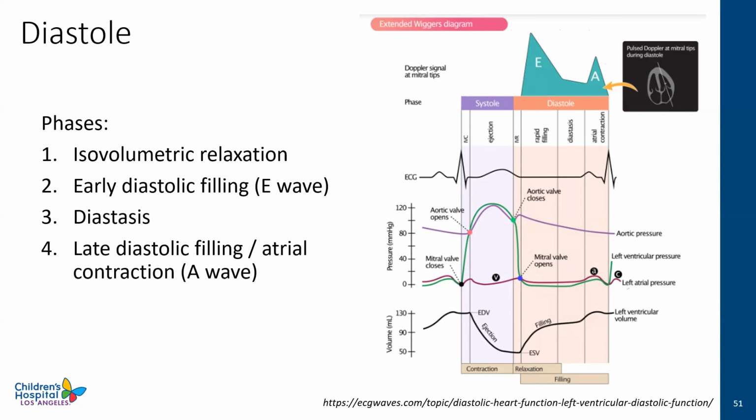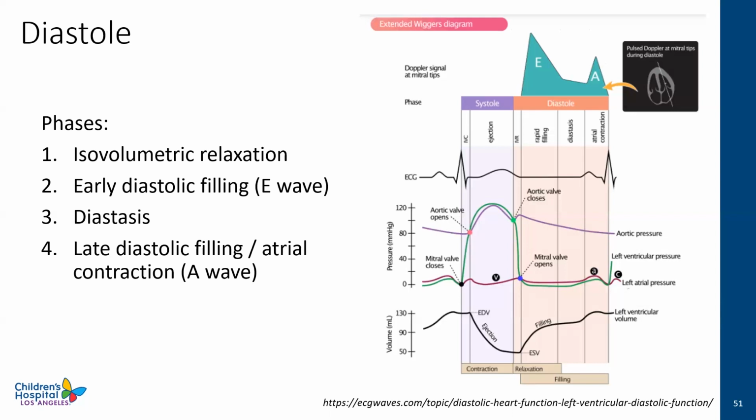But I know that there are a lot of studies out there in the adult literature in emergency and intensive care that are really trying to find some measurement of diastolic dysfunction that can be done really quickly to assess this.